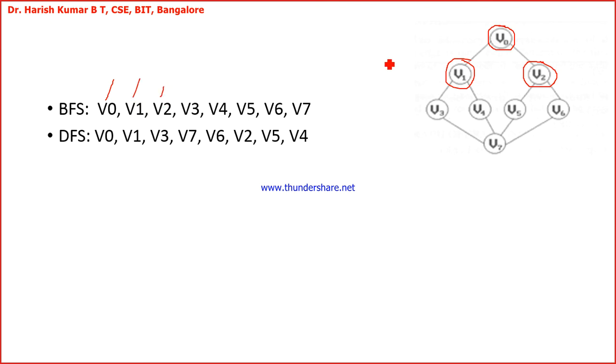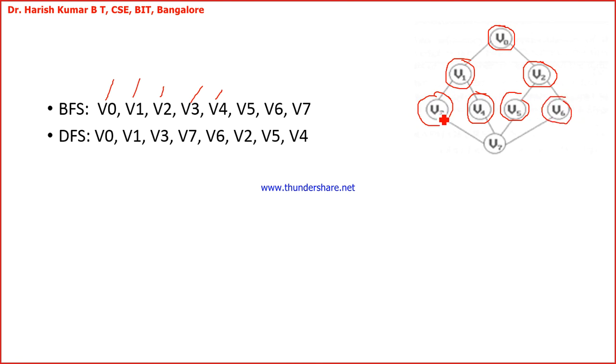Next I take V1. I'll go for visiting this V1 breadth wise. So V1 has again V3 and V4. So V3 I am visiting, and then V4 I am visiting. Next, I had visited V2 now. Now V2 again has V5 and V6.